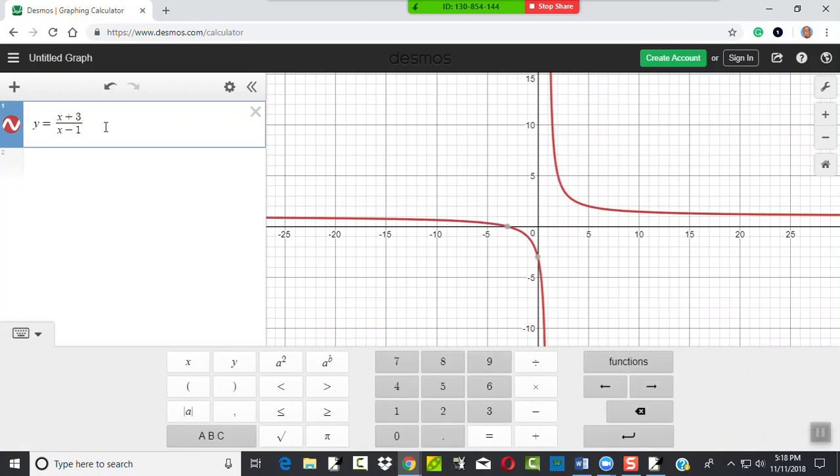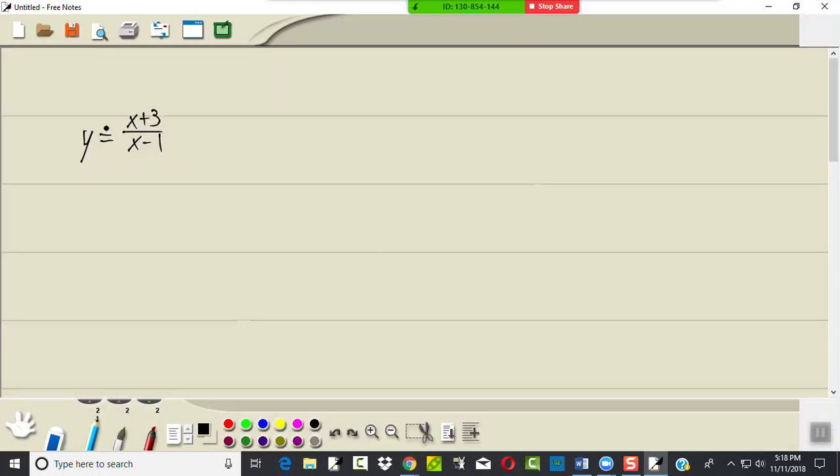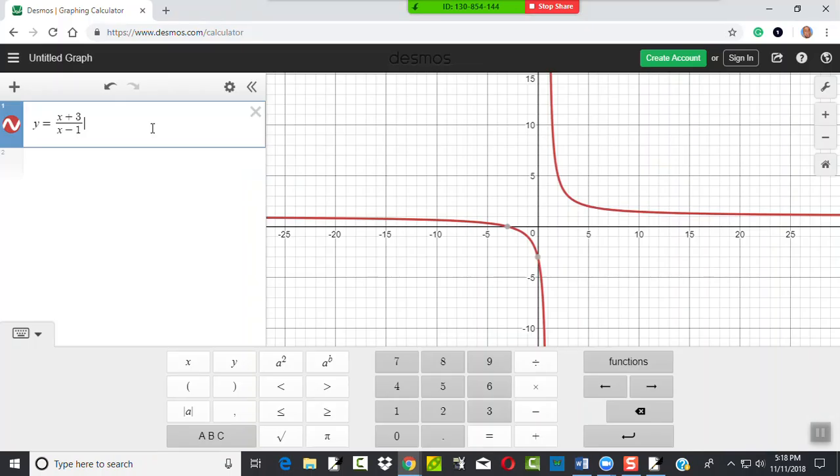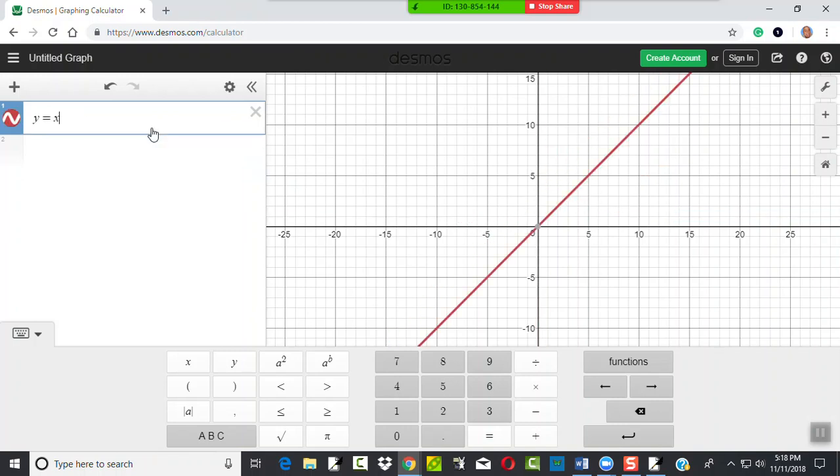Okay. Now we'll also be looking at absolute value. This is another one where you don't need to use that keypad down below. It doesn't hurt either.